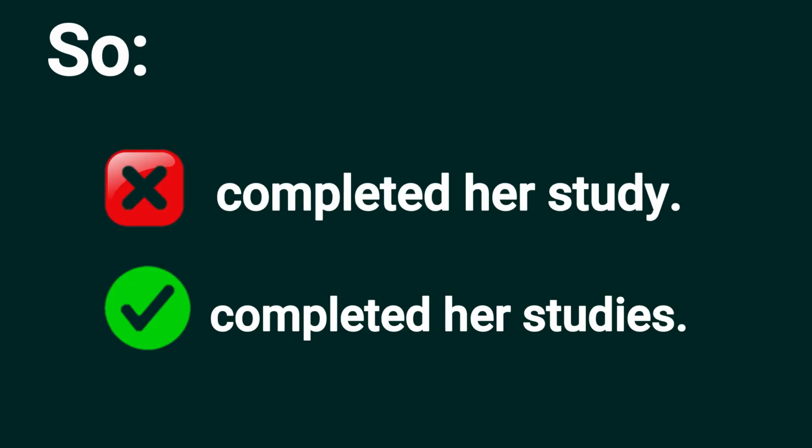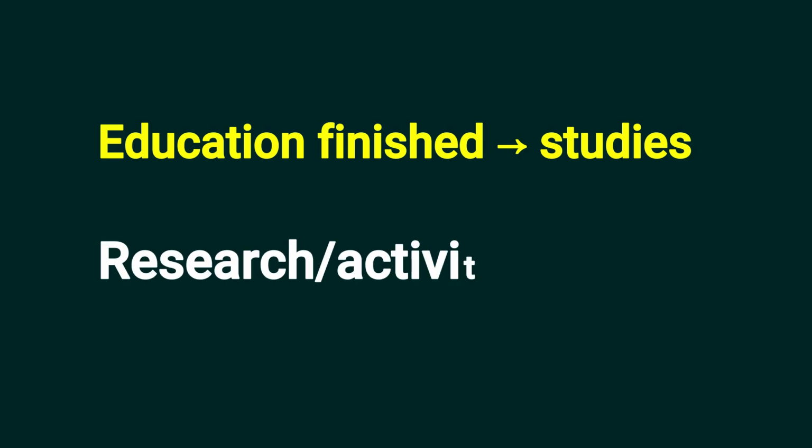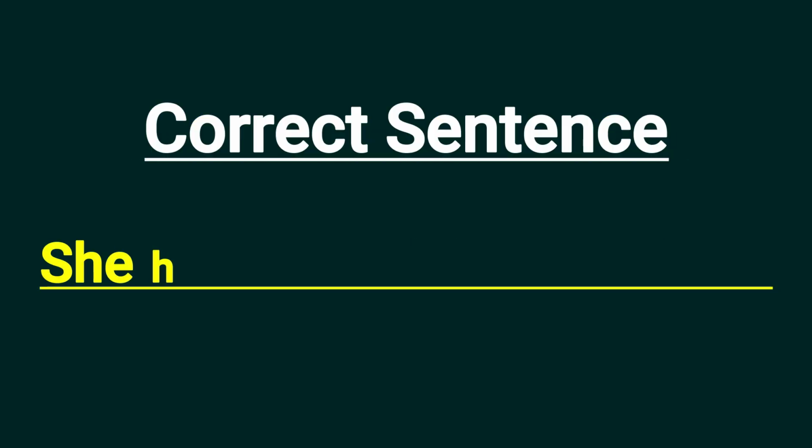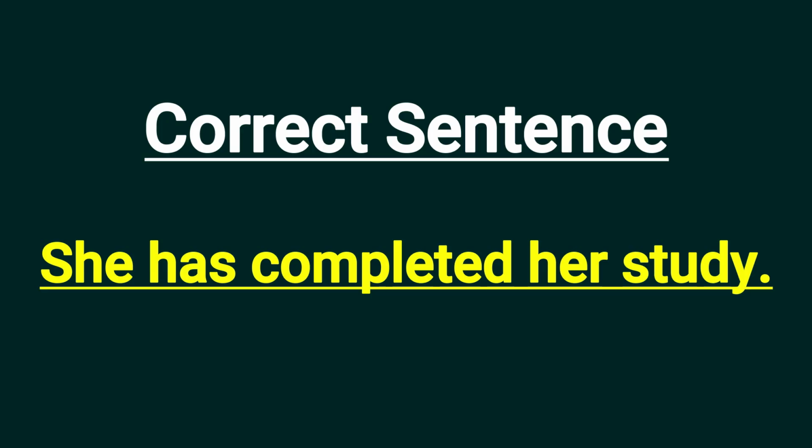So completed her study is wrong, completed her studies is right. So when we mean education finished, use studies. For research and activity, use study. So the correct sentence is she has completed her studies.